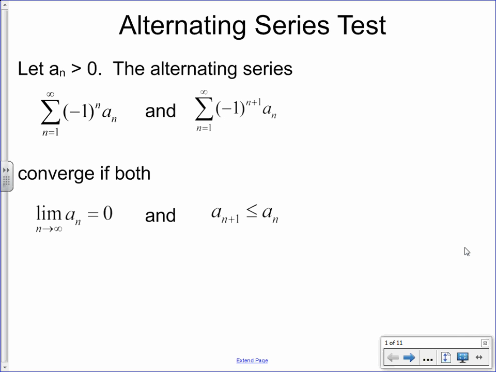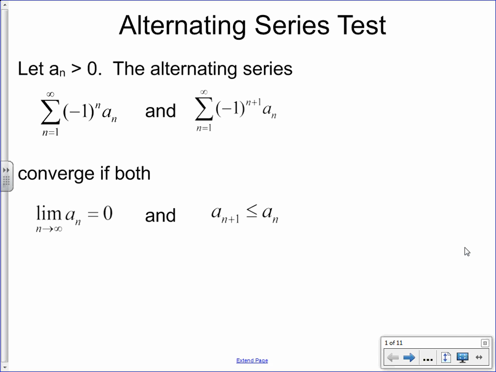Yes. There are three ways. Derivatives was one. You could look at the difference of a sub n plus 1 and a sub n, and it would need to be non-positive.